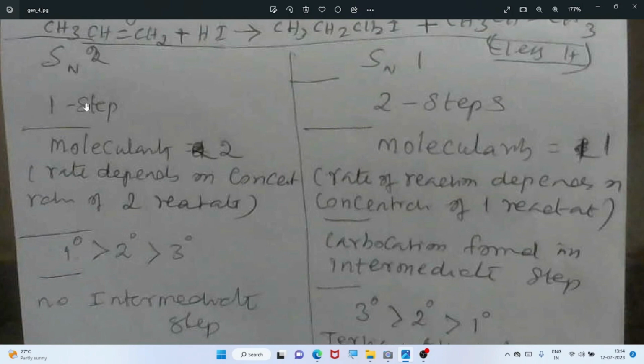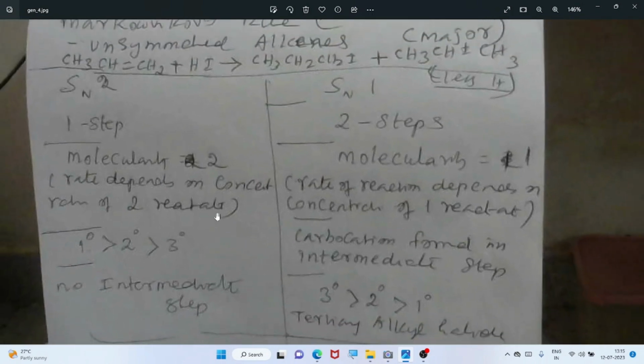The SN2 reaction rate is greater for primary halides: primary is greater than secondary, greater than tertiary. But SN1 is otherwise: tertiary is greater than secondary, greater than primary. In SN1, a carbocation is formed as an intermediate. In SN2 there is no intermediate.